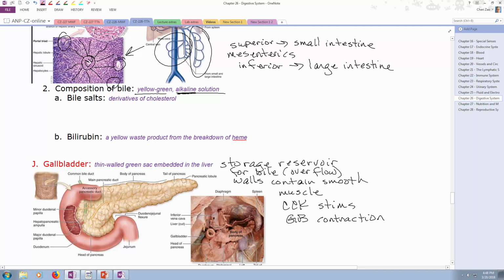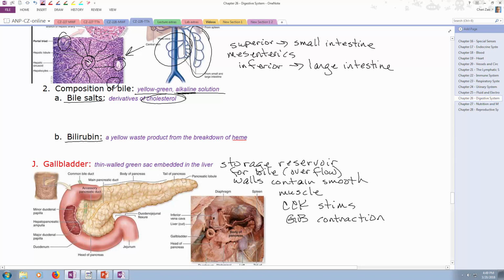So that's really good. And the two things that are in bile that I want you to know about are bile salts and bilirubin. And bilirubin is actually what helps to give bile its color. Bile salts are made from cholesterol.